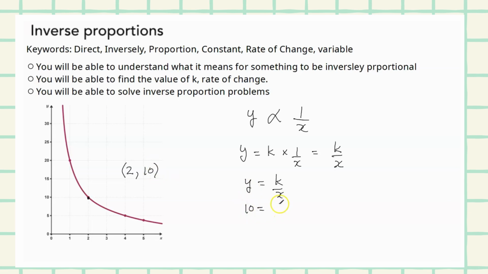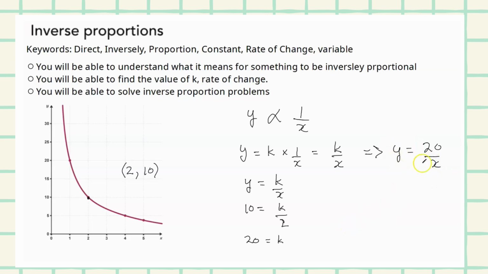So we have k over x, which is 2. So it means that k is 2 times 10, which is 20. So it means that we can write our equation y is equal to 20 over x.